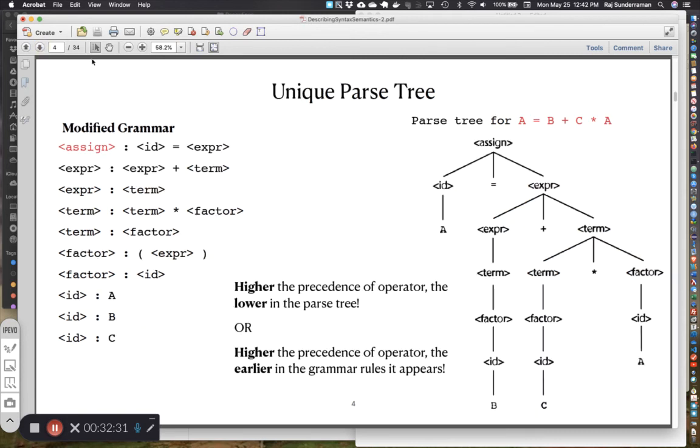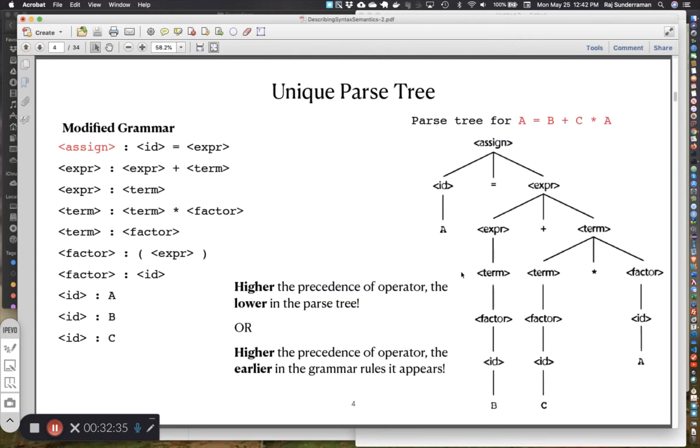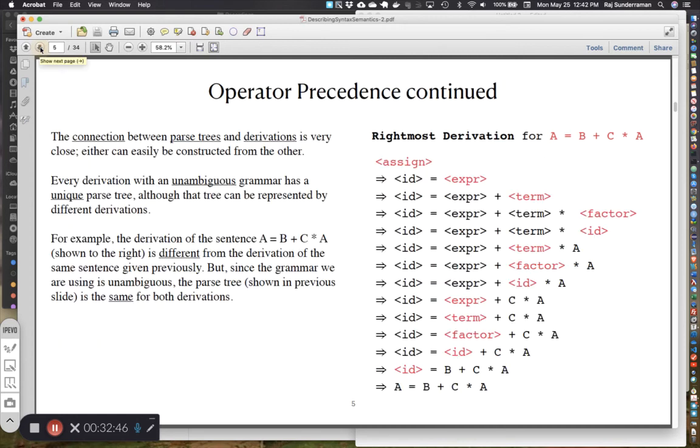So that's the normal feature of leftmost versus rightmost. By the way, this particular parse tree is a unique parse tree for a equals b plus c times a, based on this grammar. It's been proven that this grammar is unambiguous. Anyway, this is a rightmost derivation here, and since we have two different derivations, it might come to your mind that maybe I get two parse trees and then it will become ambiguous.